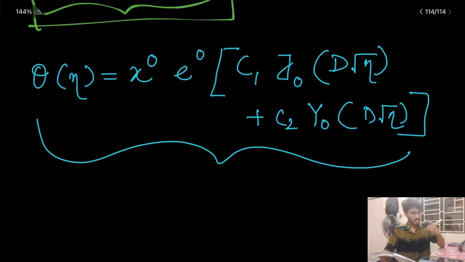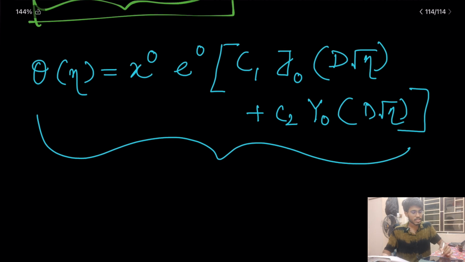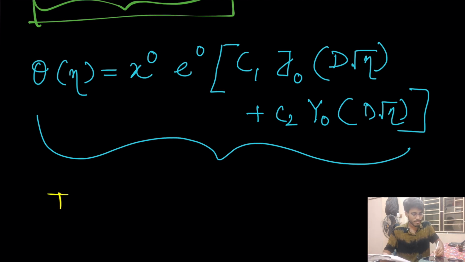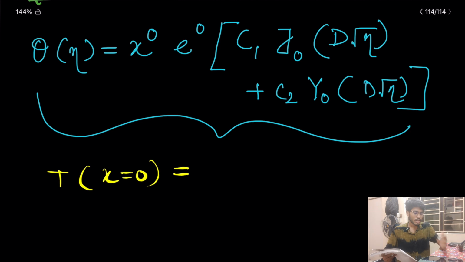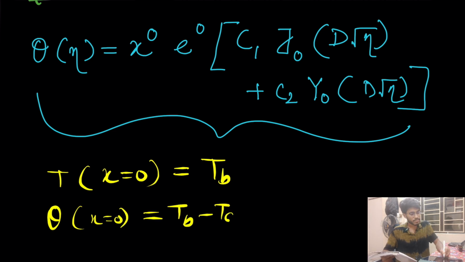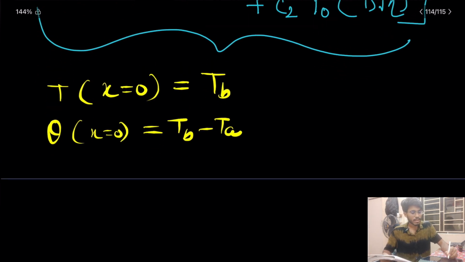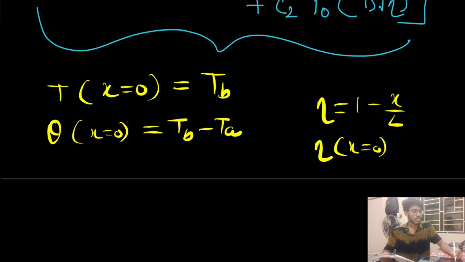Now I need two boundary conditions. One boundary condition is T at x equal to 0 is equal to Tb. So theta at x equal to 0 is equal to Tb minus Ta, and my eta is 1 minus x by L, so eta at x equal to 0 is equal to 1.